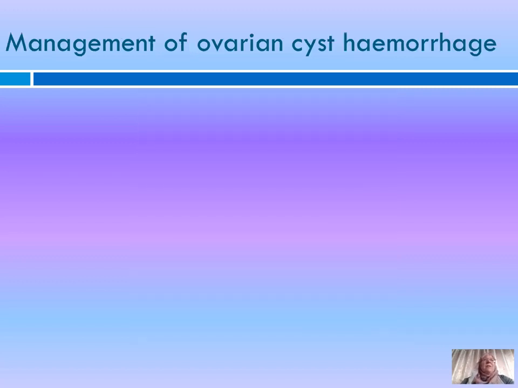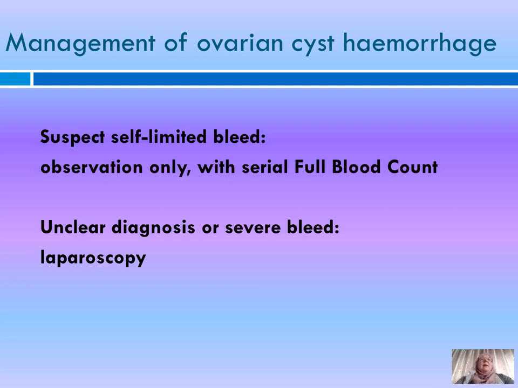So what's the management of an ovarian cyst hemorrhage? It is usually self-limiting. So you admit the patient for observation and serial full blood counts to make sure the hemoglobin doesn't drop.